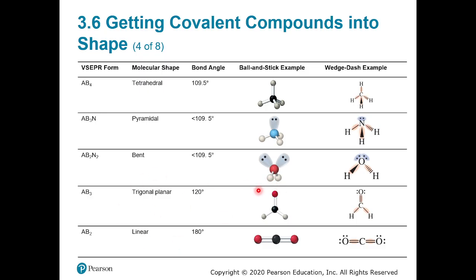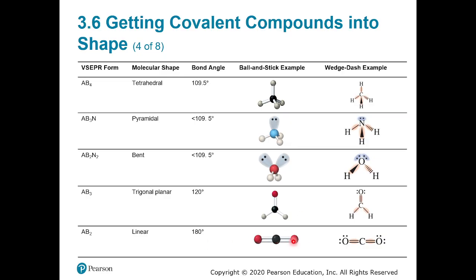Now this one is going to have 3 bonding domains. Can everybody see it okay? That's our double bond right there. The electron geometry is trigonal planar. What is the molecular geometry then? Still trigonal planar, because they're all bonding. This one has 2 bonding domains only, and so it is going to be linear.